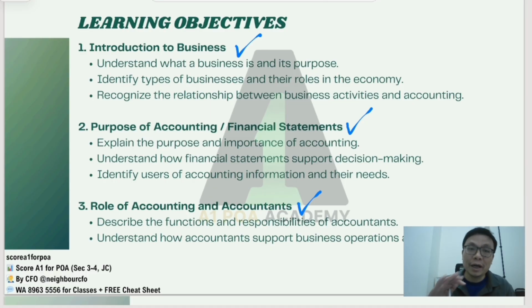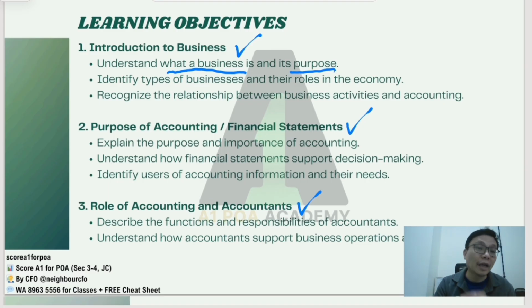For every LO, let us now break down into the respective part. For the first one, 1.1, the sub-LO, understand what a business is. And of course, when you understand what a business is, you will want to know what is its purpose.